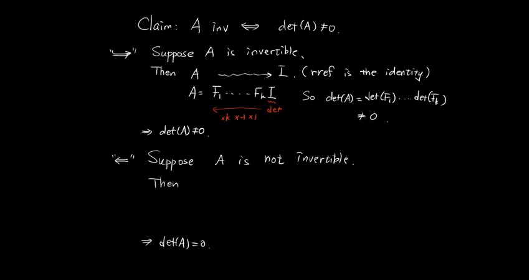Suppose it is not invertible, then after lots of row operations it becomes the reduced echelon form R, such that R has a 0 row.